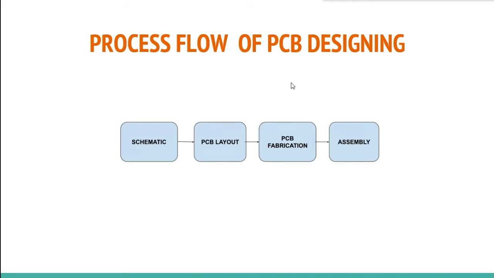After fabrication, it is assembly, where all the components are assembled and final board is designed. First two steps, that is schematic and PCB layout, are designing part, and PCB fabrication and assembly is the manufacturing part. So today we will be only designing the PCB, so we will be going through schematic and PCB layout.